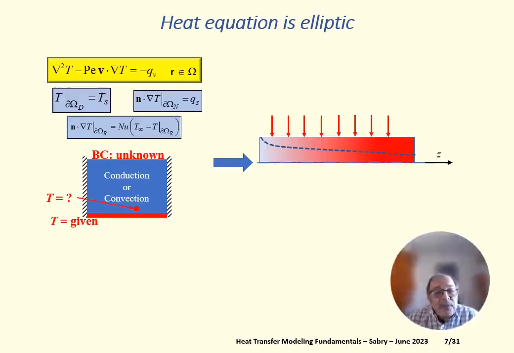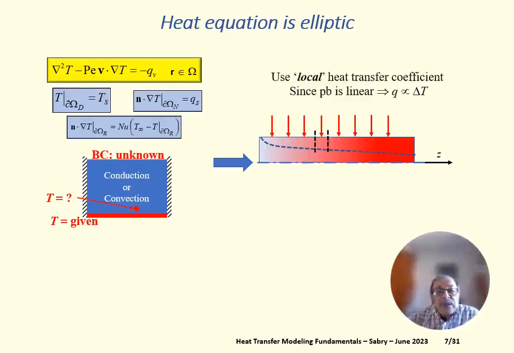And because people would usually make the assumption of a local relation between delta T at any section and Q at that same section, then people would expect that the result would be linear in the form Q is proportional to delta T somewhere. Okay, this is not a good assumption.